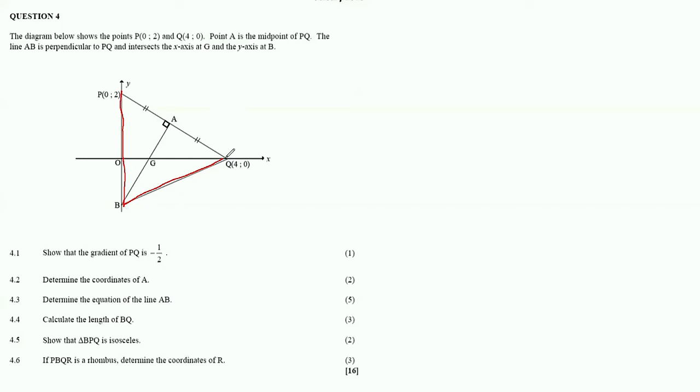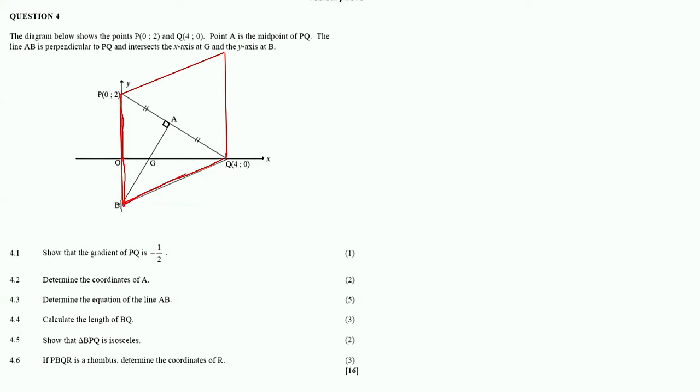PBQ, that means the R would have to be somewhere there. So let's try to indicate using a straight line. Obviously it would have to be parallel to this one here, and then the line in here would have to be parallel to the one in there. So we can see that it forms that shape, the rhombus, right?